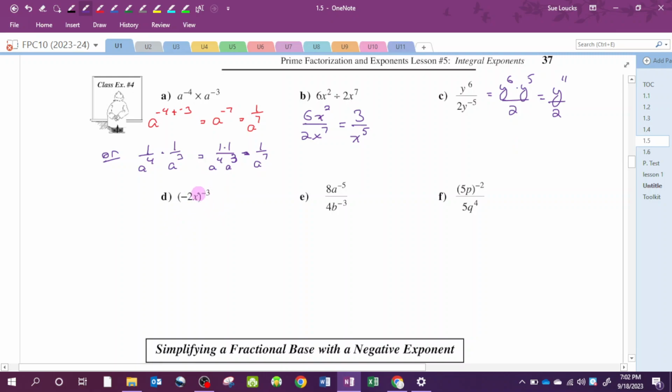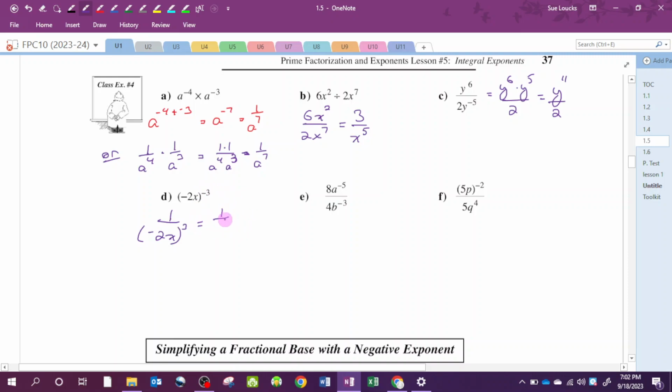This is to the negative 3. I'm going to write this as 1 over negative 2x cubed because this exponent is touching the brackets, so everything in the brackets gets moved to the bottom. Notice that the sign here does not change. It's only the sign in the exponent that changes, okay?